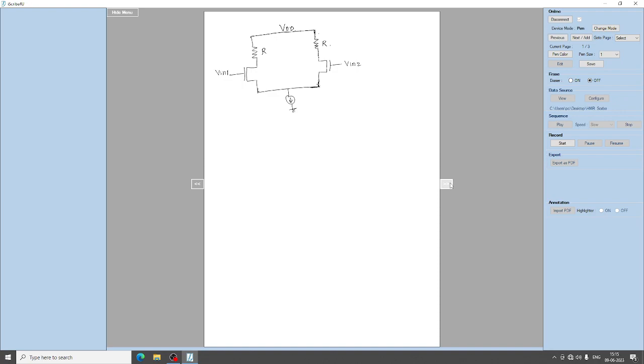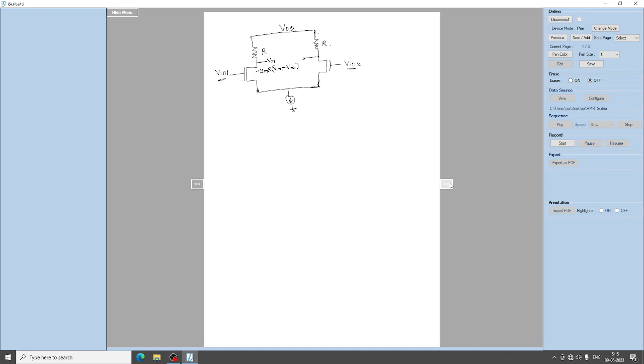So these are the two differential input signals we are giving, V in 1 and V in 2, and to measure the differential output, this is VO1 which is given by minus GM into R into V in 1 minus V in 2. This is VO1, the output of the common source amplifier.